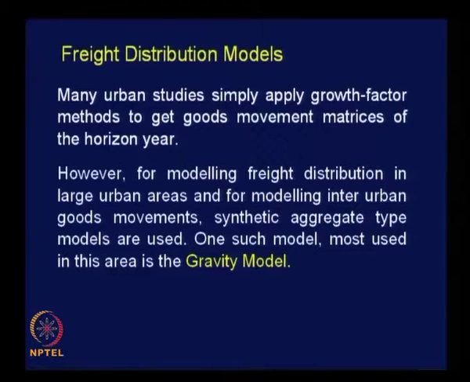For modeling freight distribution in large urban areas and for modeling inter-urban goods movements, synthetic aggregate type models are used. One such model most used in this area is the gravity model, right.